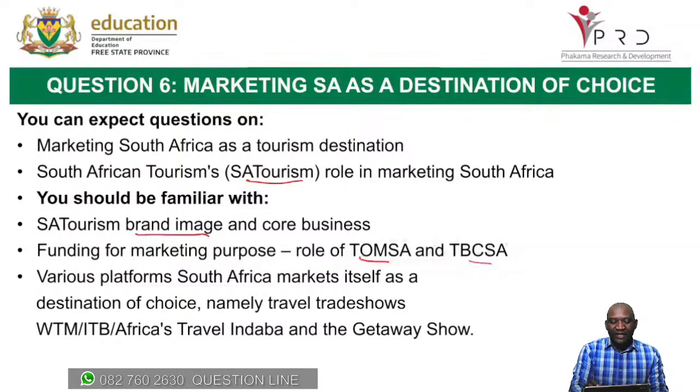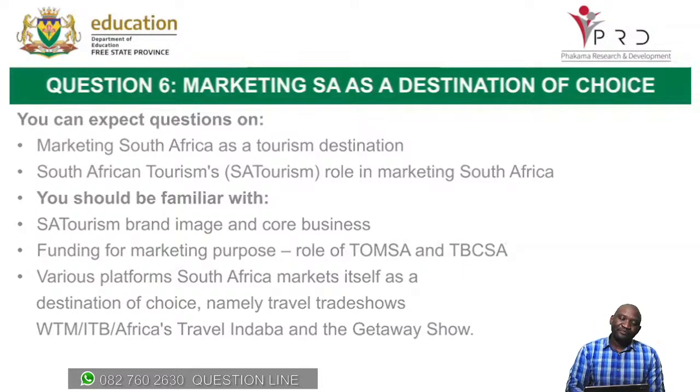This is grade 10 work. The acronyms, we did them. The various platforms where South Africa markets itself and the relevant trade shows where South Africa is actually marketed. And this is the same information. Pick up any question paper from whatever year and you're going to see that the examiners are always asking for the same thing all the time.